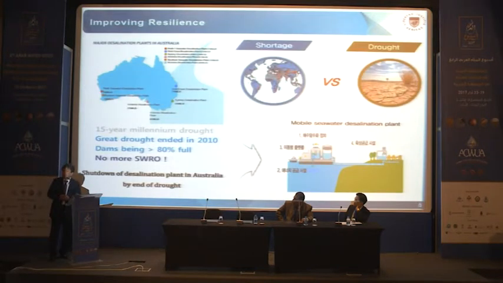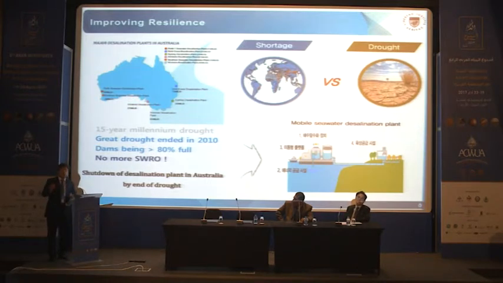The next thing I want to talk about is resilience. We need to improve the resilience of cities due to climate change. We have been developing desalination technology to solve water shortage problems. However, for drought, I don't think we are ready with future desalination technology. For example, in Australia, they experienced severe drought in the early 2000s, so they built SWRO plants all over Australia.